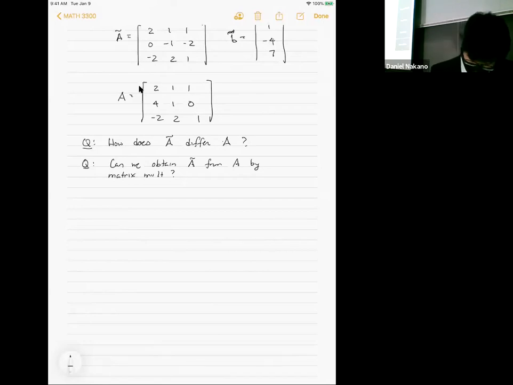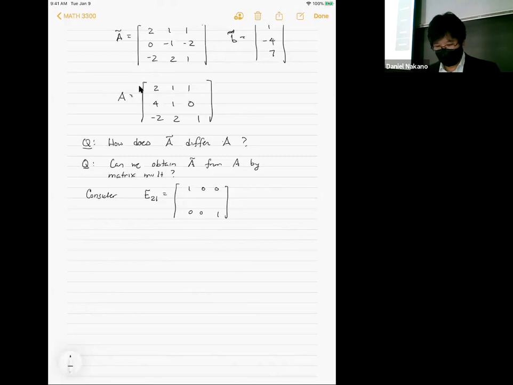So I want to consider the following matrix, E21. And this is going to be the matrix 1, 0, 0. And then I'm going to keep the second. So think about E21 here and then multiplying on the left of A by E21.